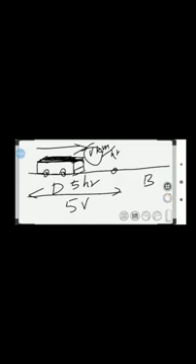Simply we have to multiply 5 hour into v kilometer per hour, hour cancels, so 5 into v. And still 20 kilometer is there to reach Bispur. So the Bispur position here, still 20 kilometer is there. So already the distance is 5v and still 20 kilometer, so what is the total distance? 5v plus 20.